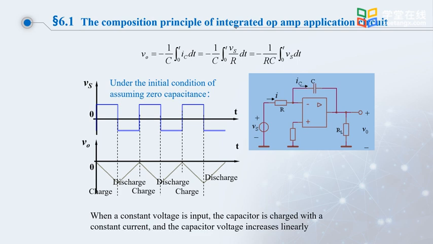If this current charges the capacitor, the voltage on the capacitor will also increase linearly. Therefore, the output voltage VO is a triangle wave of the same frequency. In other words, through the integration circuit, we can turn a square wave signal like Vs into a triangle wave. Such an output voltage signal realizes the waveform conversion.